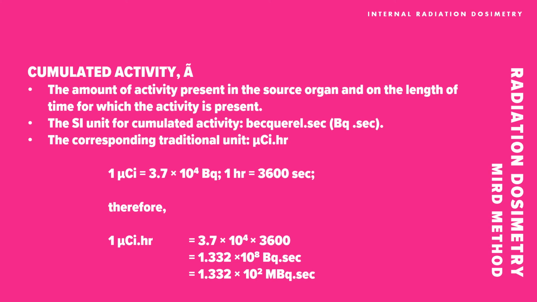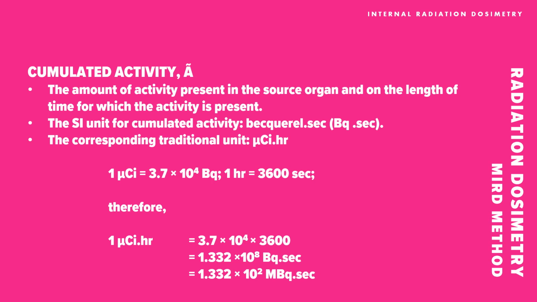We also have the traditional unit. The traditional unit that we use is microcurie hour. I think you heard the curie before when we were talking about radiation in the earlier part, explained by Dr. Kamal, if I'm not mistaken. 1 microcurie is equal to 3.7 times 10 to the power of 4 becquerel. And 1 hour has 3,600 seconds, right?